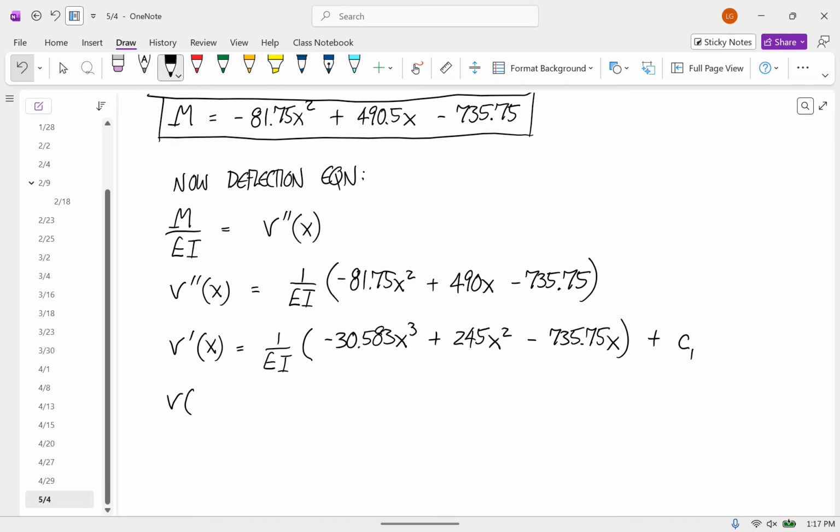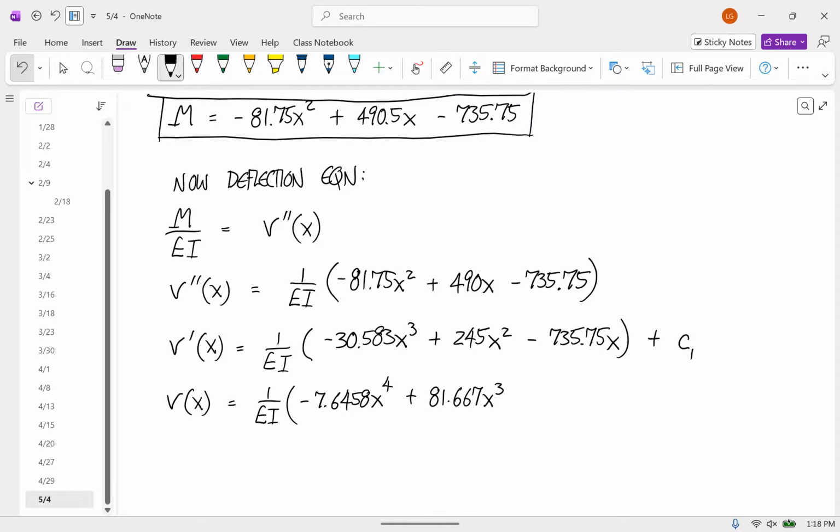Okay? And now we'll do it again. The deflection as a function of x is equal to 1 over EI times, integrate this thing. So we have negative 7.6458x to the fourth plus 81.667x cubed.